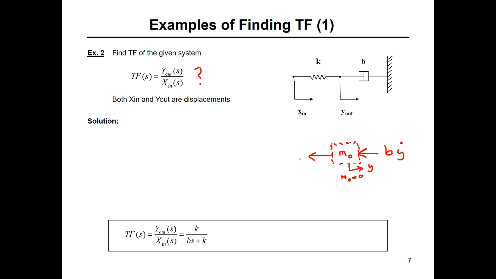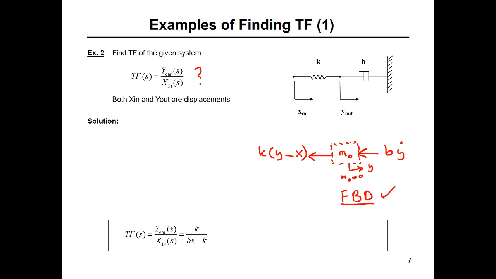And in this direction, you said against which motion? Against y. So this is going to be k times y minus the other displacement, which is x. And this is your free body diagram.